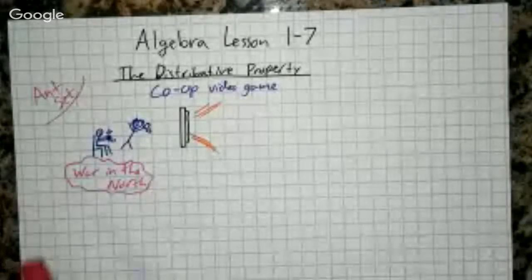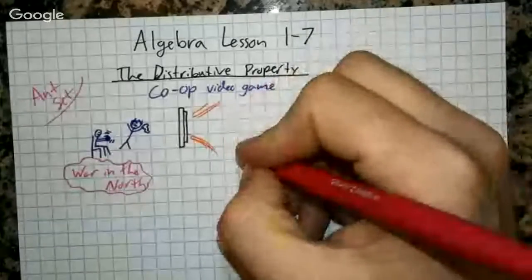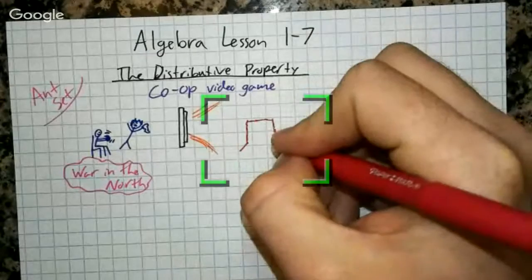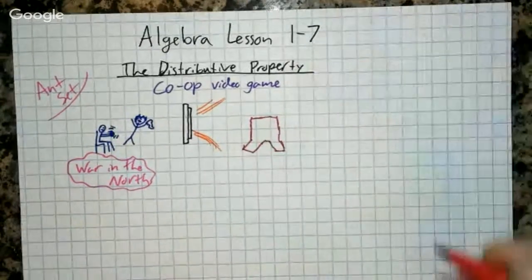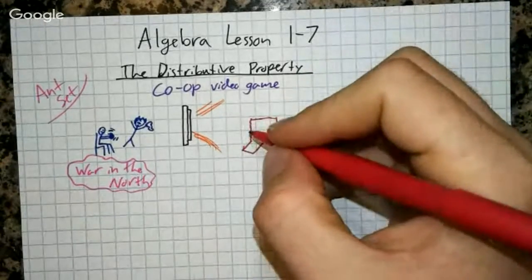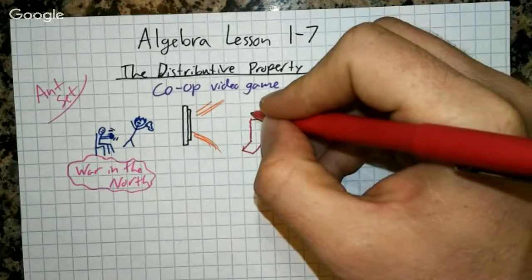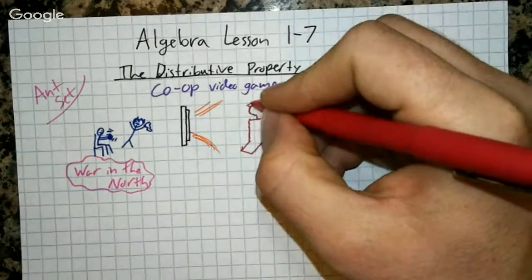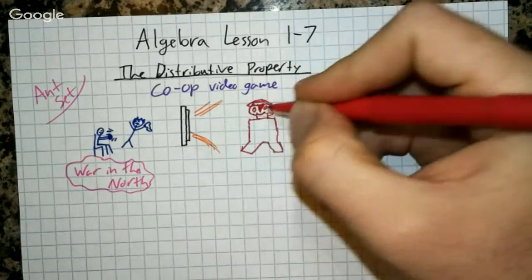Now, my friend Kevin, this guy right here, he liked to be the dwarf. And the dwarves in Lord of the Rings are sort of stocky, they're big. They've got thick legs, thick arms. They like to battle with axes. So here's his big old head. He had a helmet on that went in between his eyes to protect him.